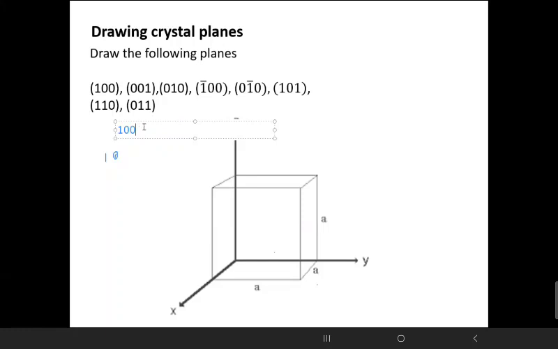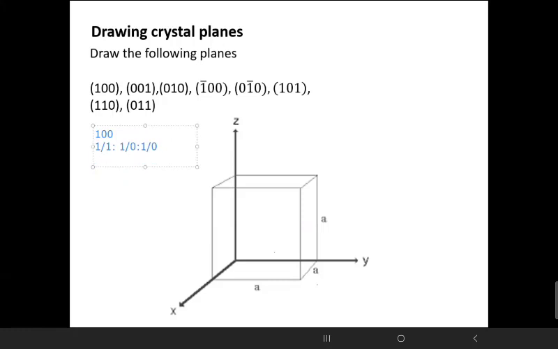If you have 1, 0, 0, the first step is to find the reciprocal. So 1 over 1, 1 over 0, 1 over 0.